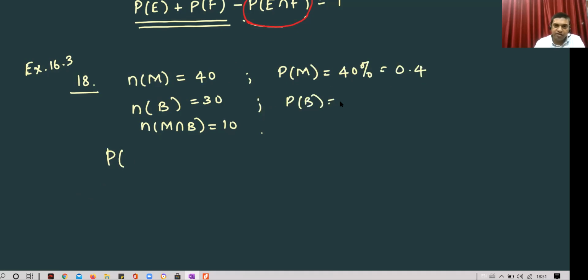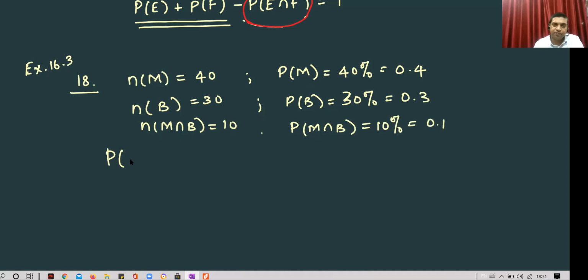Probability of a student studying biology is 30%, 0.3. This can be mutually exclusive, because 0.4 plus 0.3 is 0.7, but it has already been given that the intersection is not 0.